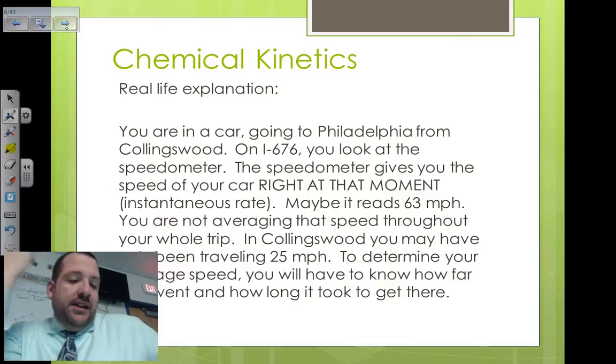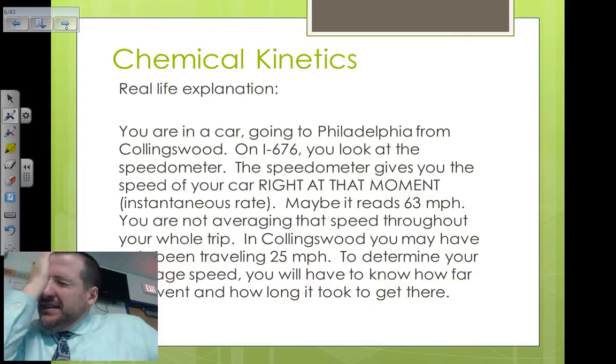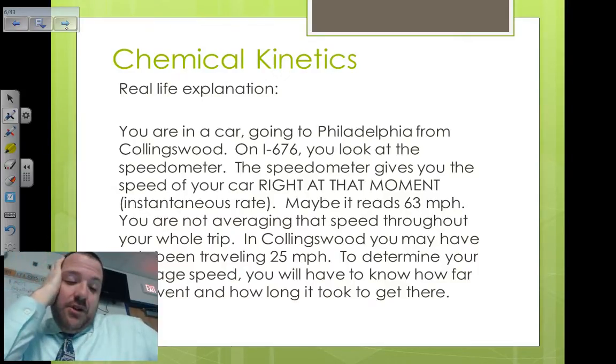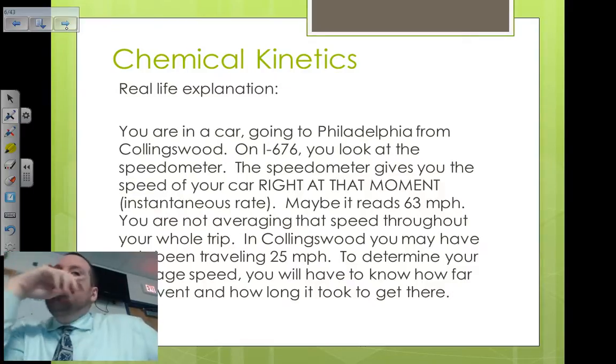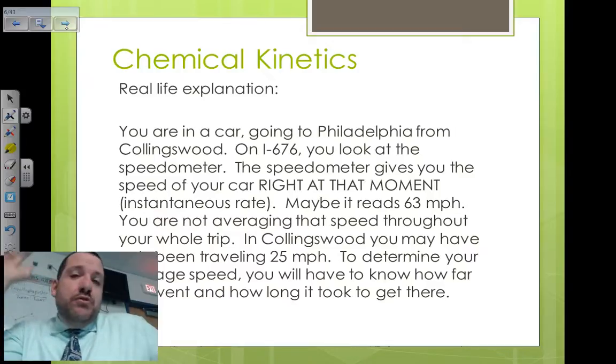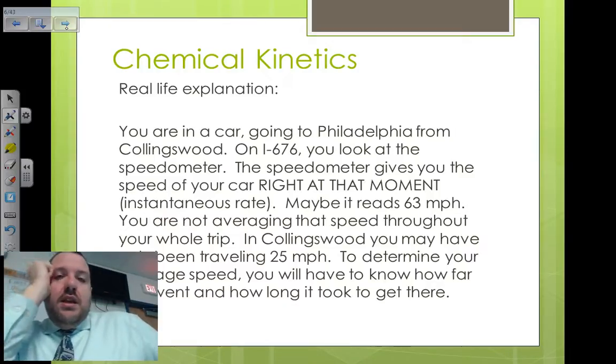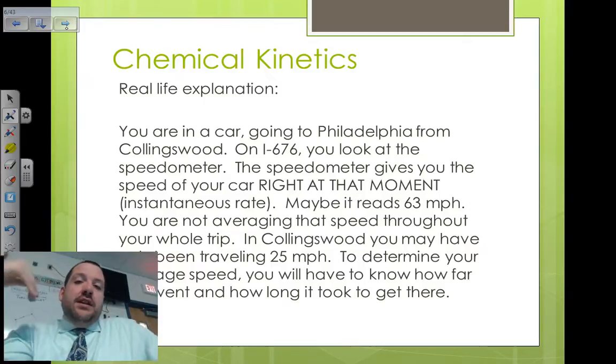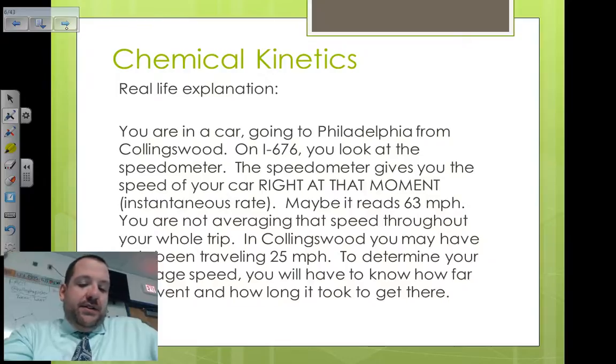I'm on 676. I look at my speedometer, and it says that I'm going 63 miles an hour, right at that moment. Okay, it must not be rush hour. But what I know is when I drive from Philadelphia to Collingswood, I'm really only averaging 25 miles an hour.